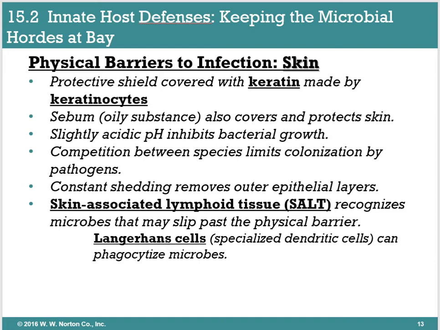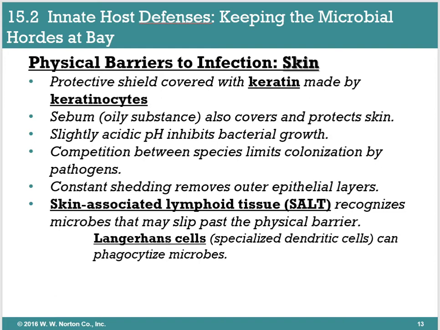So that's really good. And then also the fact that we're constantly sloughing off our epithelial layer, we always get a fresh new skin. So we always get a fresh new coat on ourselves. So that's also really good for us. And then also we have something called SALTs. So these are skin-associated lymphoid tissues.